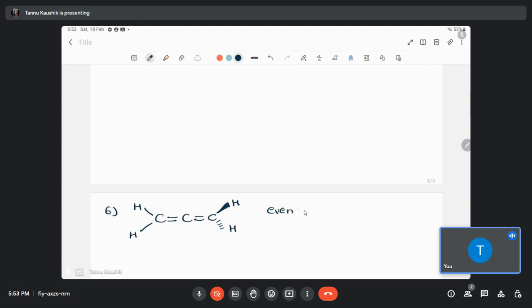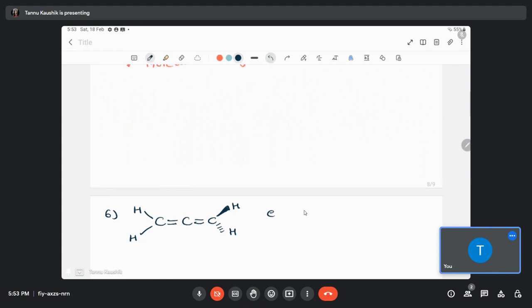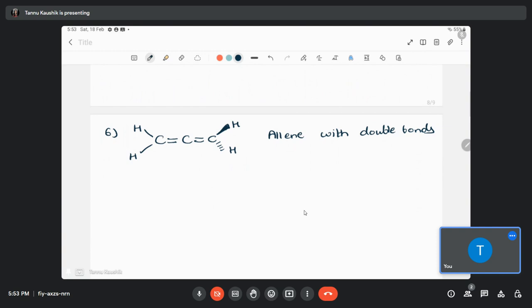So this is even double bond allene. Now we will check whether the molecule is linear. No, the molecule is not linear.